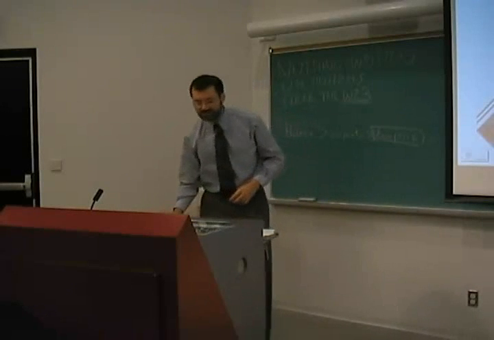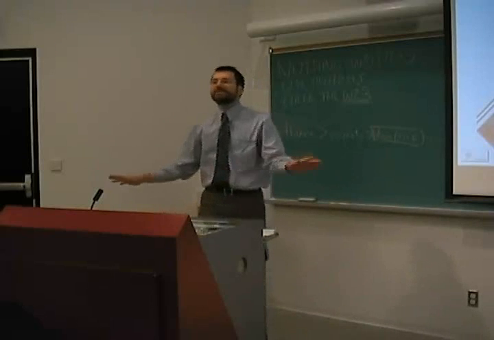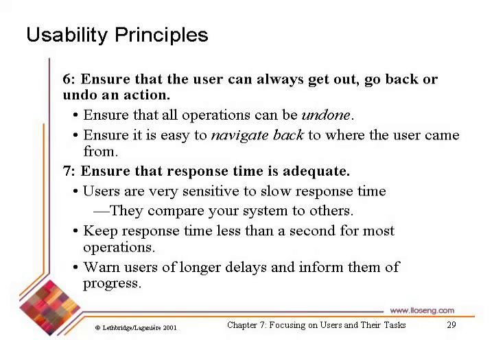Principle 7, response time. These days, response time should be a no-brainer. We have computers that are so incredibly fast compared to what they were 10 years ago or 20 years ago. Unfortunately, people tend to do design that's inefficient or add fancier and fancier graphics to their systems to eat up any speed they have in their computers, so you can still have bad response time.